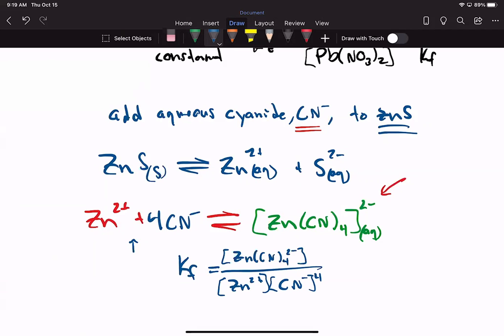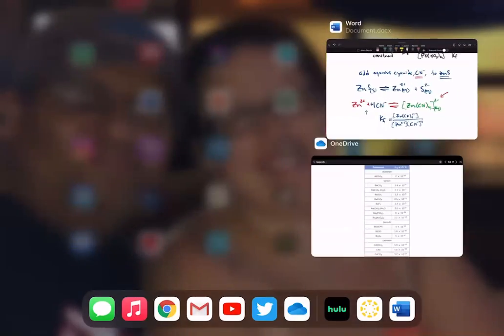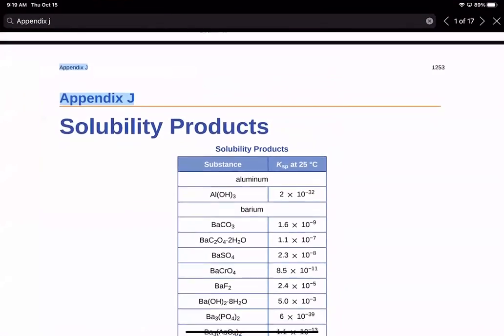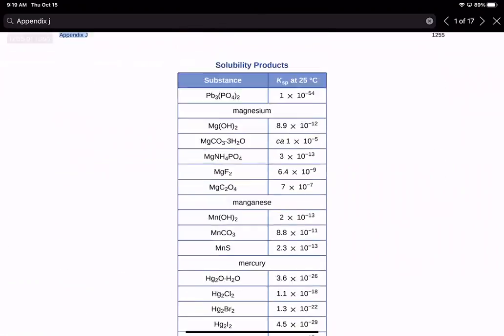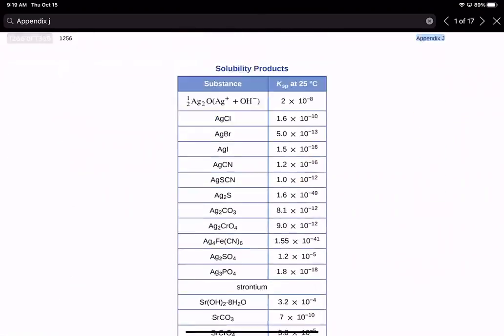And do we know the formation constant of it? Let's see. The formation constant is, I believe, in Appendix K. There's Appendix J, and we should see K sub F somewhere in here.